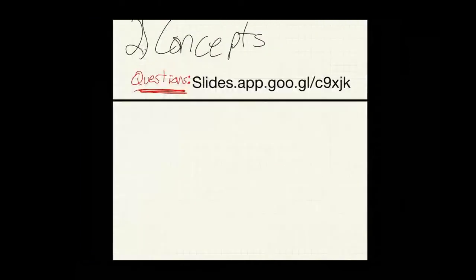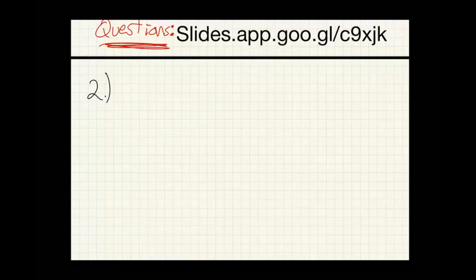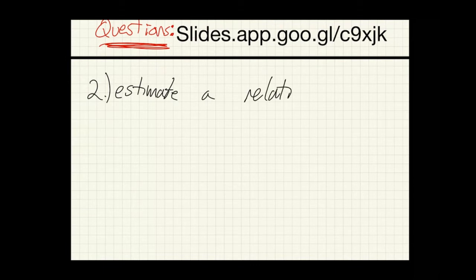To show you a little bit more what I'm talking about here, I might have text that says, to estimate a relationship, that's not how you spell relationship, estimate a relationship between price and earnings.